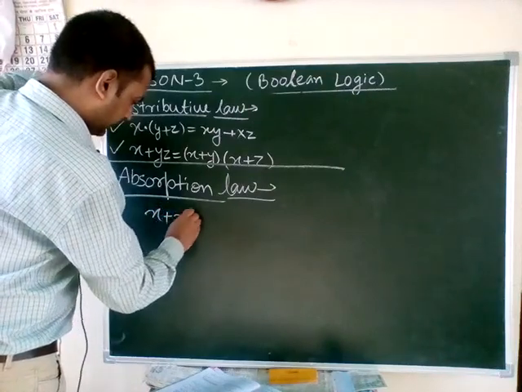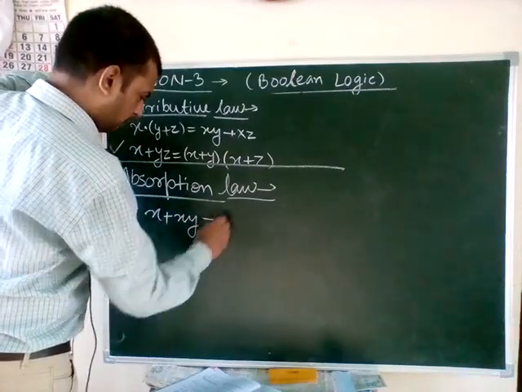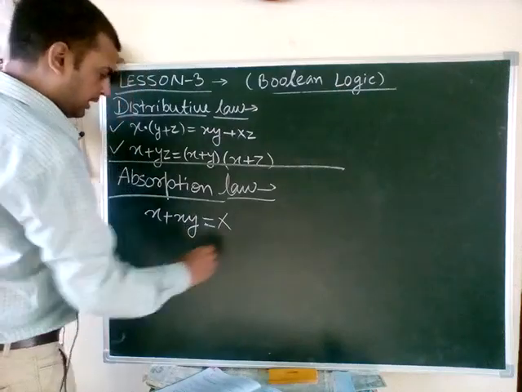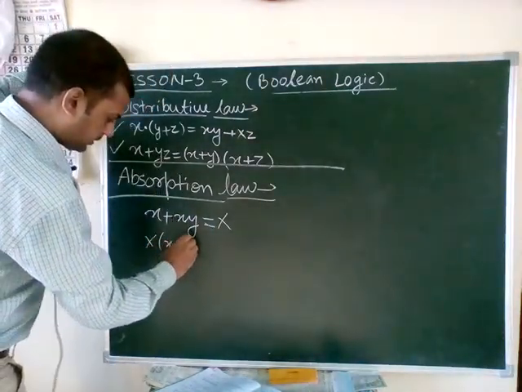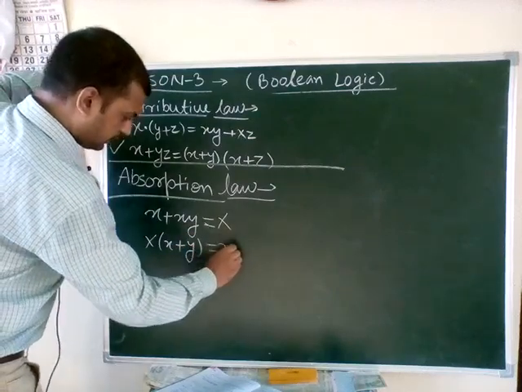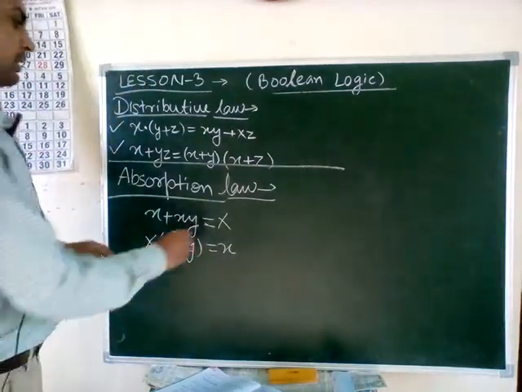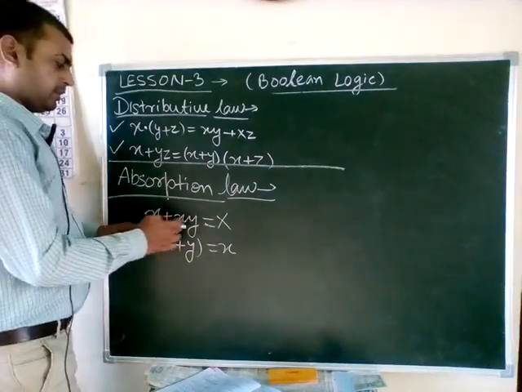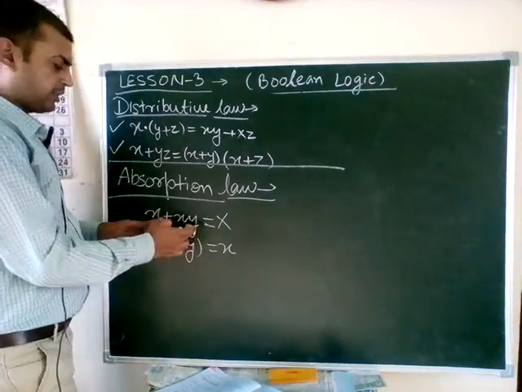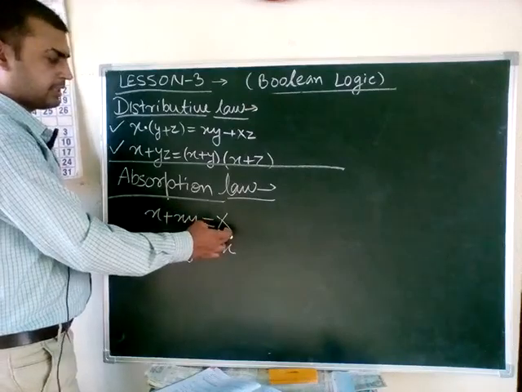X plus xy is equal to x, and x into (x plus y) is equal to x. So this is the absorption law. How will you prove this? You will first multiply this, then you will add. So you will get the answer like this.